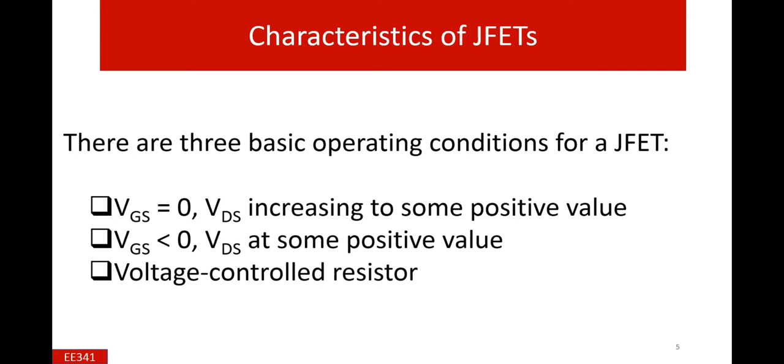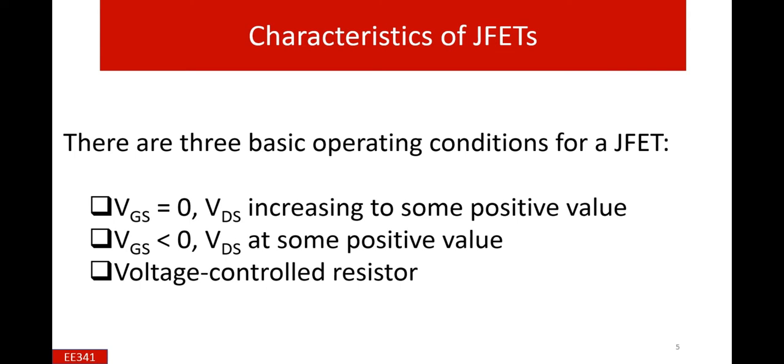First one: when the voltage between gate and source is 0, and we continuously increase the value of the voltage between drain and source, what happens? This is the first fundamental condition.